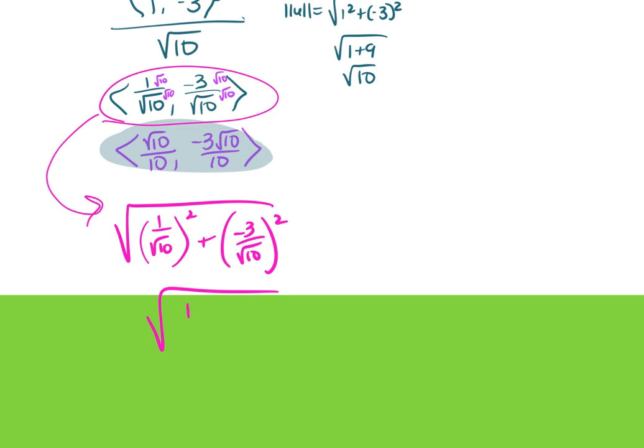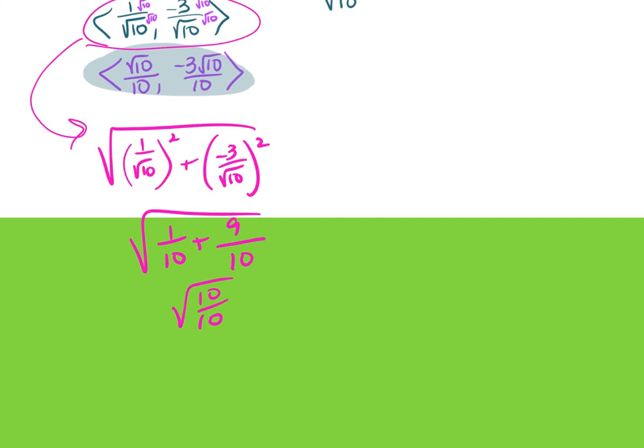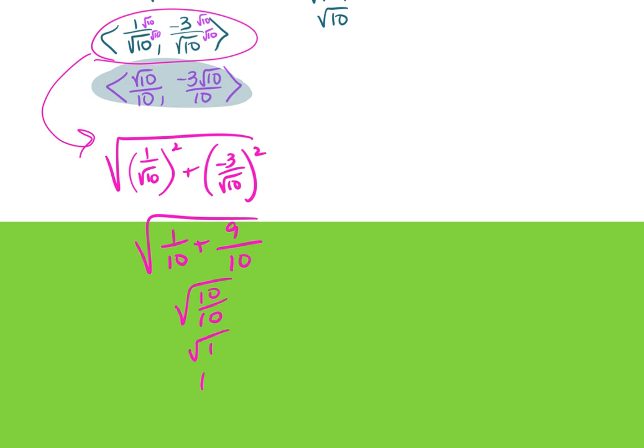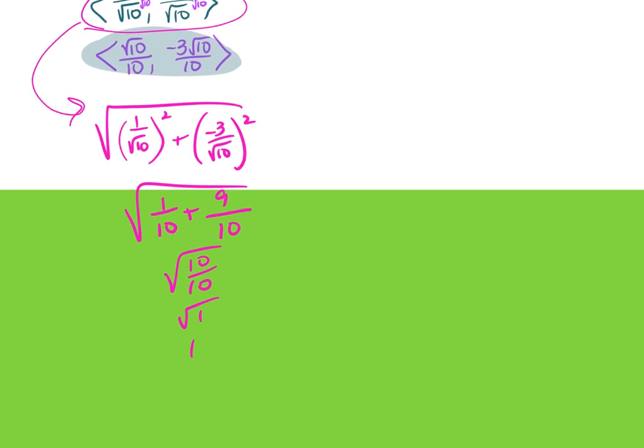What's the square of the square root of 10? 10. Negative 3 squared would be 9, and then the square of the square root of 10 is 10 again. And I get square root of 10 over 10, square root of 1, which is 1. So if it says verify, you're really just using that to check your work. You don't have to do that in order to find the unit vector in the same direction.